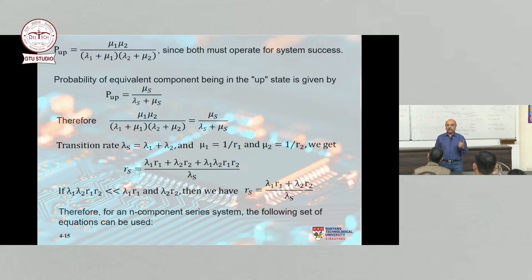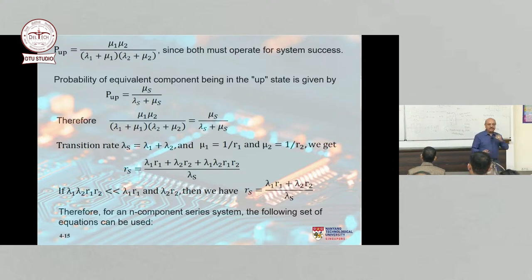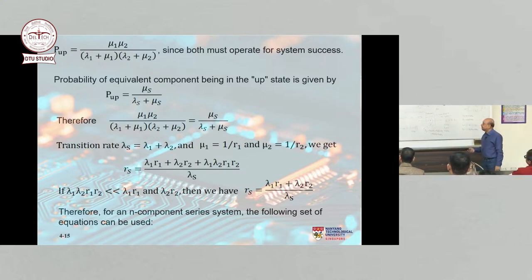You may also recall I told you that lambda is a very small number, 1 failure, 2 failures, whereas mu is a very large number, 500 repairs per year, 1000 repairs per year, and so on. So availability must be high, must be close to 1. So assume that lambda is very small, so mu over mu is 1, right? Almost. So that's why availability is very high, and it is mu divided by lambda plus mu.